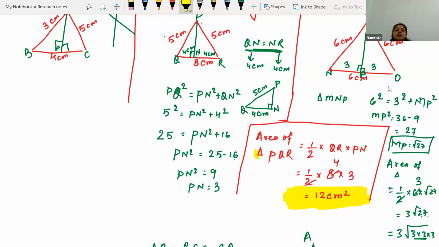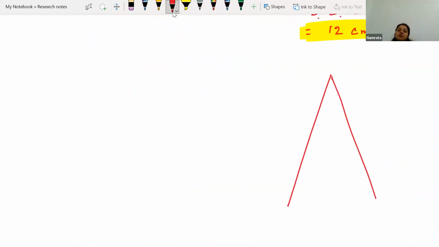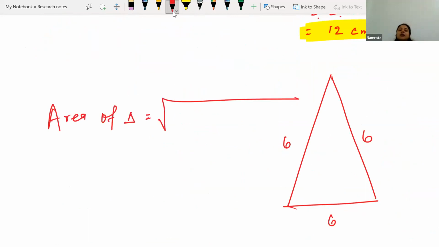If you want to check it for your equilateral triangle, let's check it. So we have an equilateral triangle where this side is 6, this side is 6, this side is 6. Let's use Heron's formula to find the area. So area of triangle, formula given by Heron is root of S times S minus A, S minus B, S minus C. What is S?